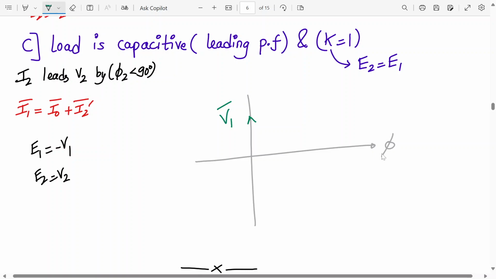Down below, right? Here, negative y-axis. So this is E1. Now where will I draw E2? It's equal to V2, E2 equal to V2 dash. Agree?